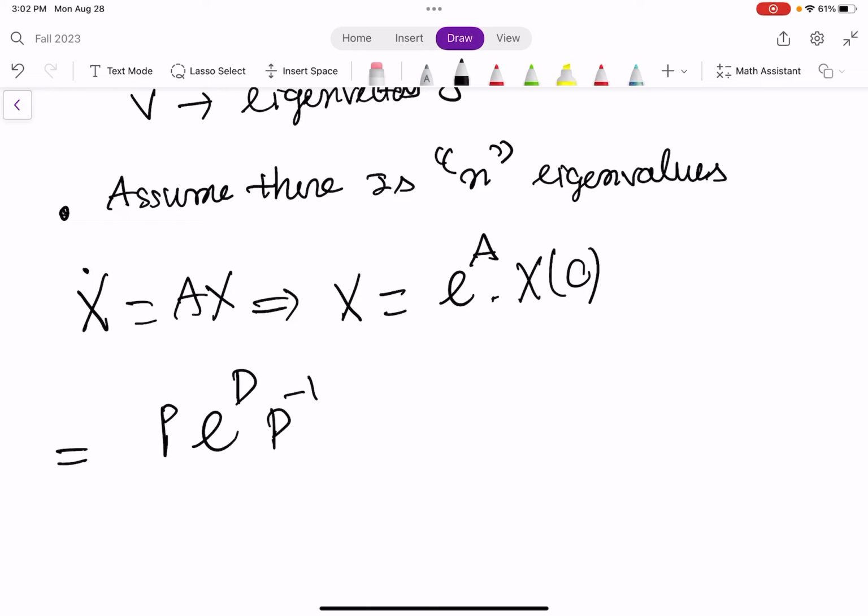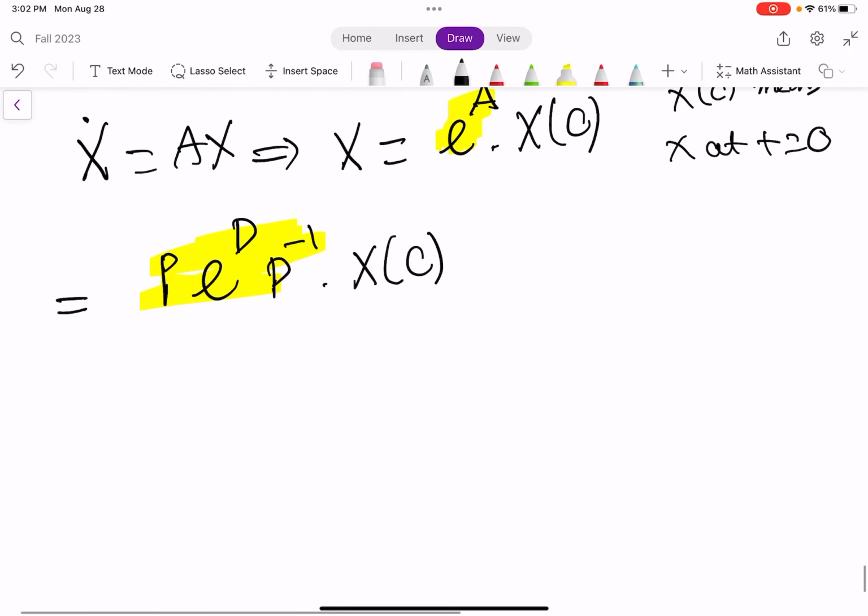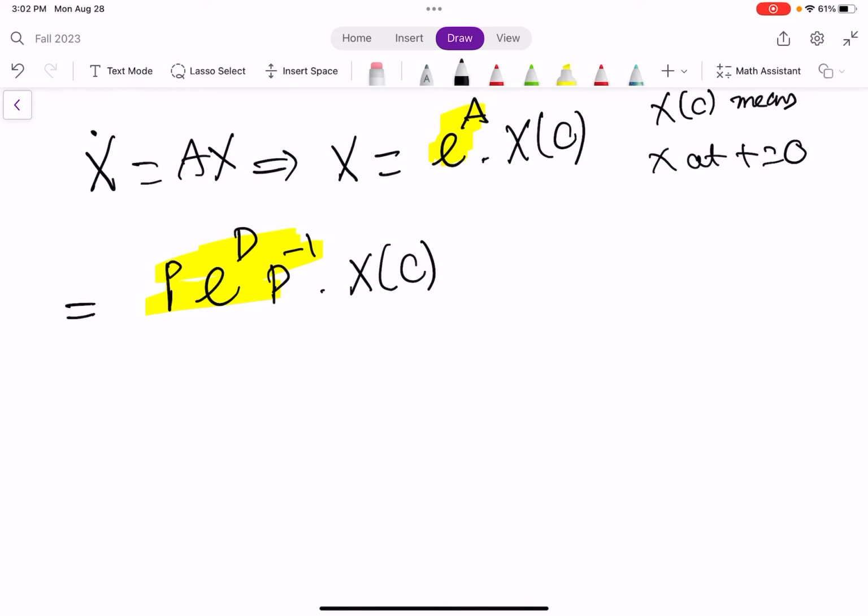So e to the power of A, we have spent a whole series to show that e to the power of A can be decomposed to this, times x at t equals 0. x0 means x at t equals 0. Okay, excellent. So let's go ahead and group it, using the property of matrix associativity.